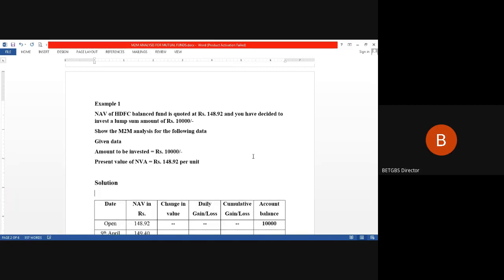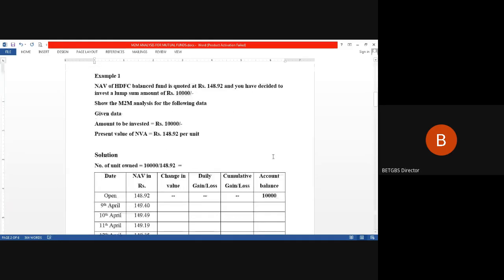So the solution goes like this: the number of units owned is equal to 10,000 divided by 148.92. It is simply the amount you're going to invest divided by the present price. Do the calculation.